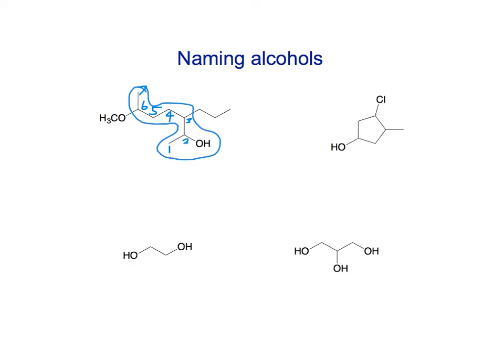We have 2 substituents. We have a methoxy group and a 3-carbon piece over here, right? A propyl. And our parent is 7 carbons long with the alcohol at position 2.